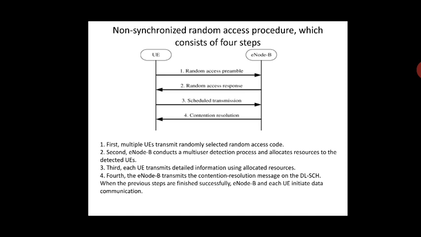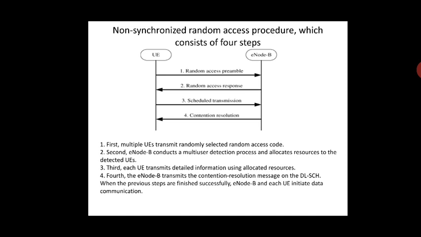In the fourth step, contention resolution is a key feature of the random access channel. In this step, the E node B transmits the contention resolution message on the downlink SCH, which contains the identity of the winning UE.